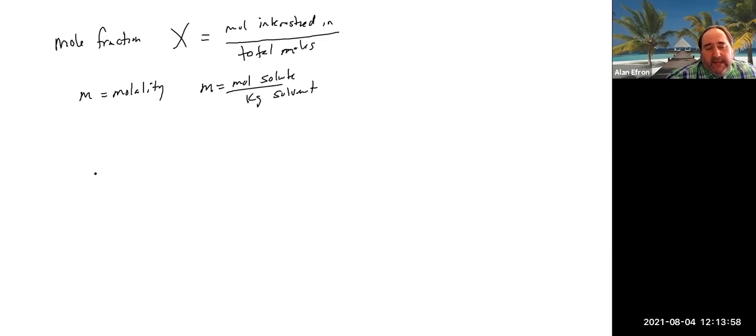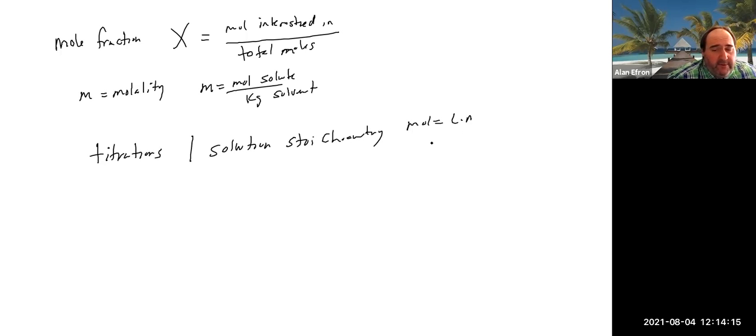We also talked about titrations, which are really solution stoichiometry problems. The only difference is we use this version of molarity to get the moles. A lot of times we will then calculate the molarity at the end, or we may calculate a volume at the end in these type of problems.